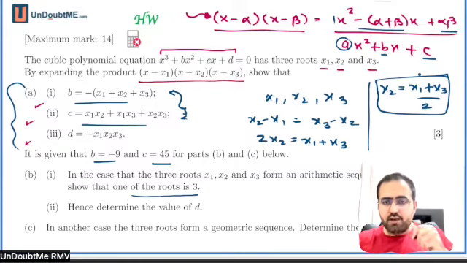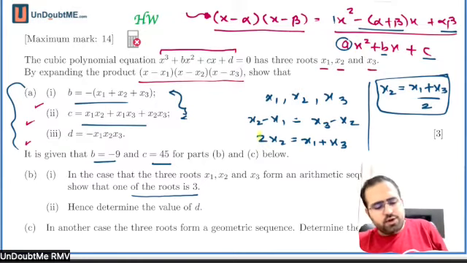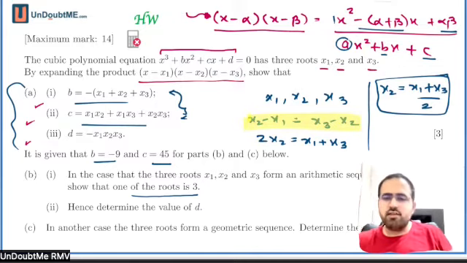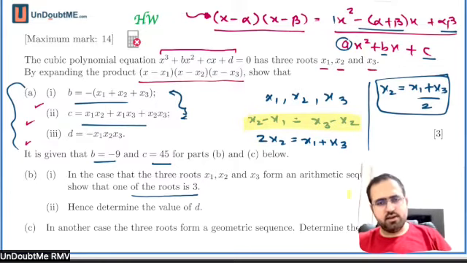The last step I have written is optional, but you should know that when three terms are in AP, we can write like this. This is what you have to do in the second part, and hence you can determine the value of d. If you get the x1, x2, x3 values from the three equations, then you can definitely get the value of d also.